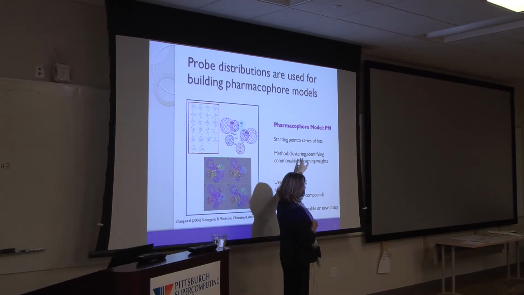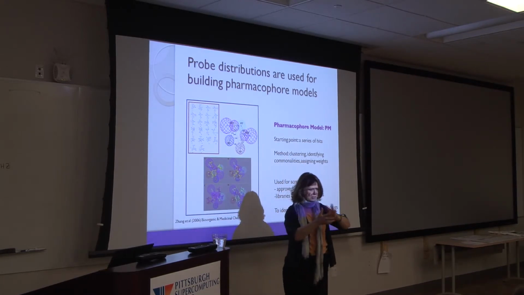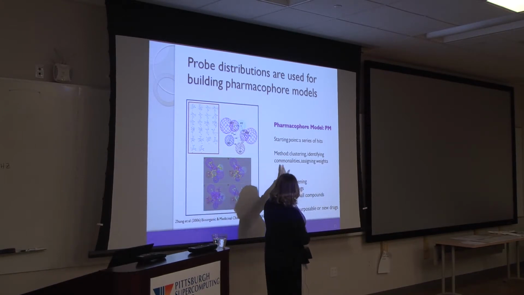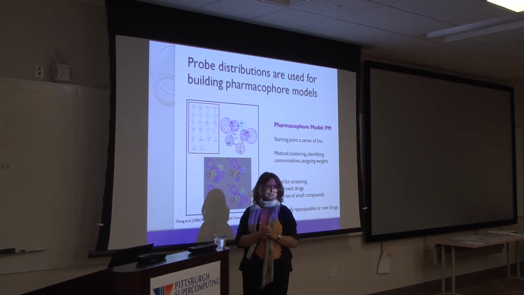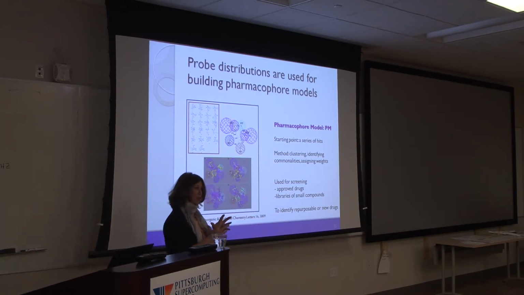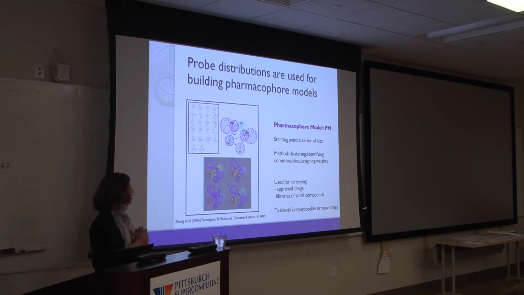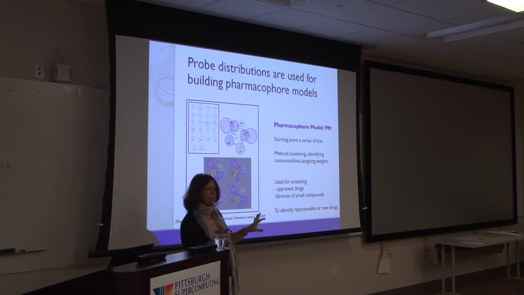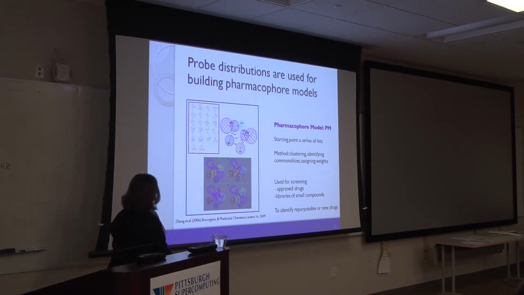Clustering is a very important thing, but you cluster in 3D at the same time while aligning. Then you identify commonalities, you assign weights. Some positions may be really common to most of those drugs, others may not. In some cases, there may be 2 to 3 different classes you may want to separate and generate multiple models.